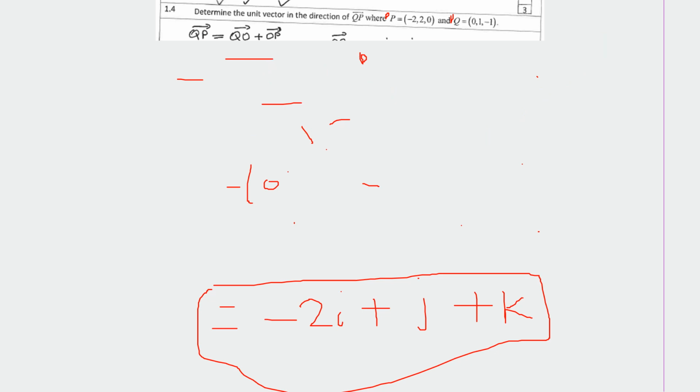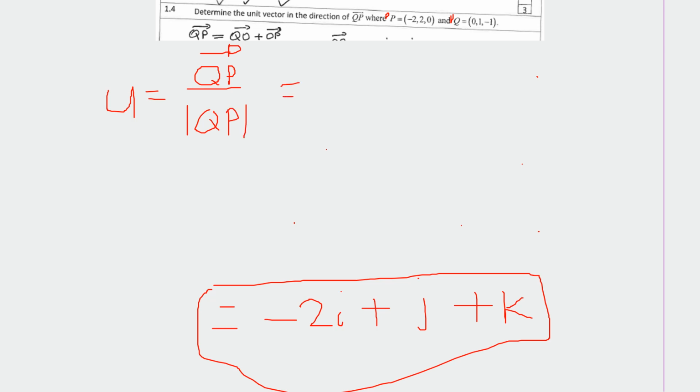I don't have enough space, so I just have to erase and calculate the unit vector. So remember the unit vector of QP will be equal to vector QP divided by the magnitude of vector QP.